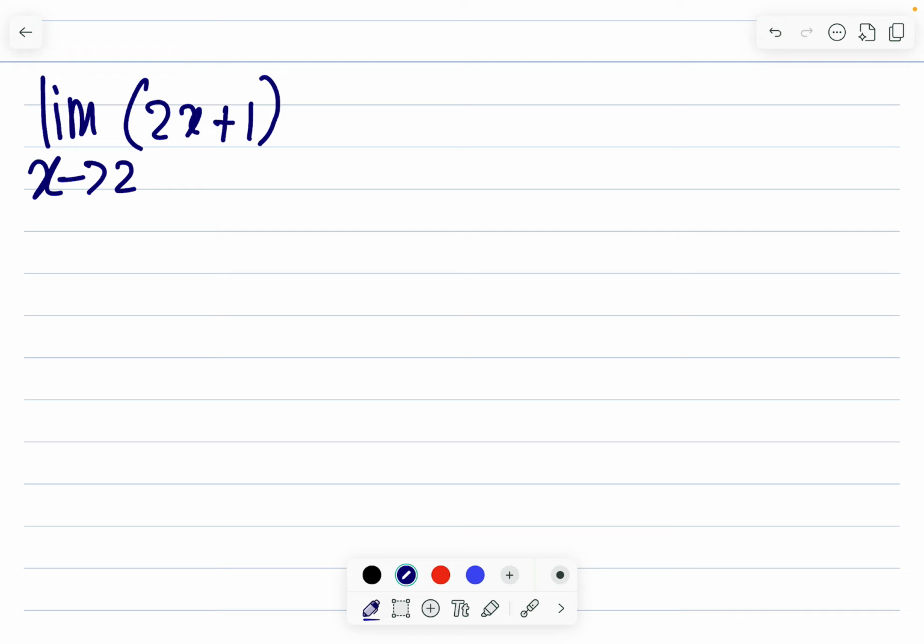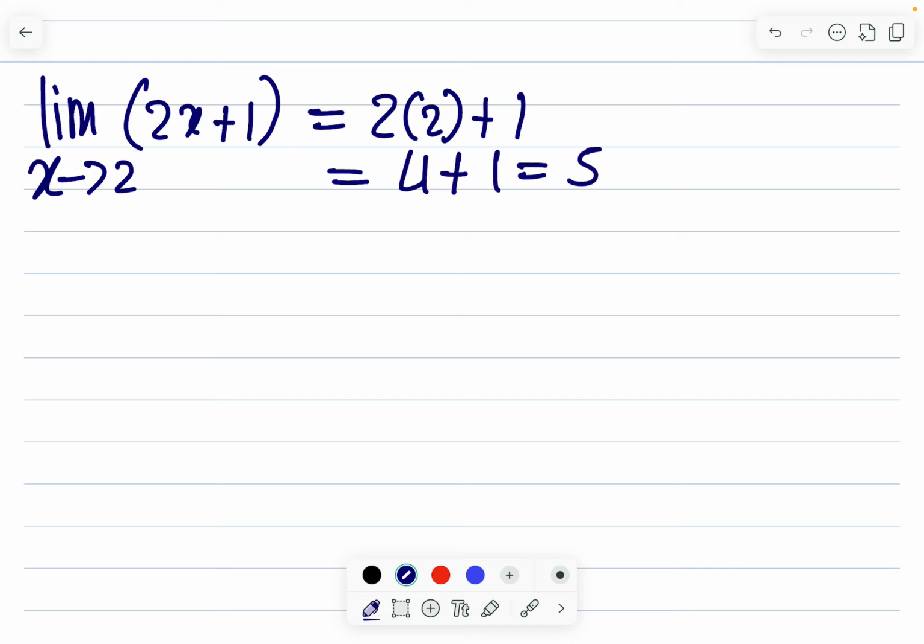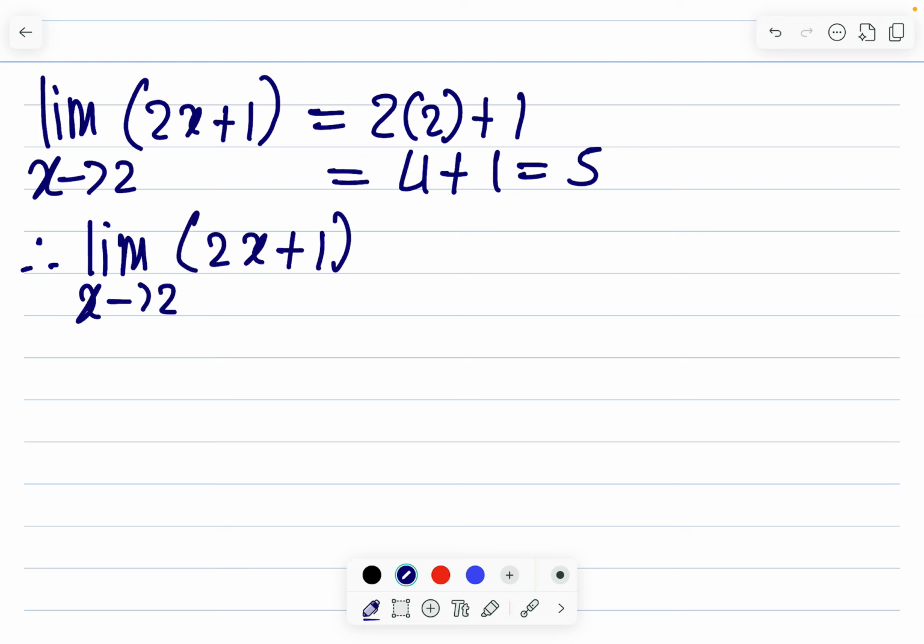First step, you substitute your value of 2. You have 2 times 2 plus 1, which gives 4 plus 1, which equals 5. Meaning we are to show that the limit as x approaches 2 of 2x plus 1 is indeed equal to 5.